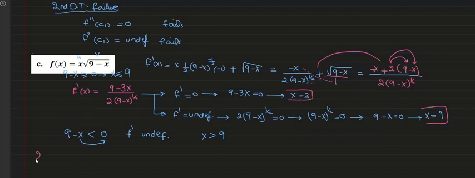Using the second derivative test, remember, now we will get the second derivative and then use it for our test. The second derivative is, this is the simplest form we got for the first derivative, so let's use it to derive the second derivative. We have here a u and v, u upstairs and v downwards.